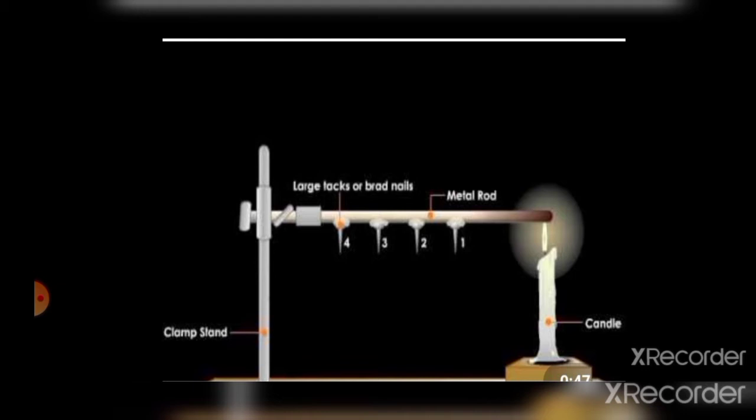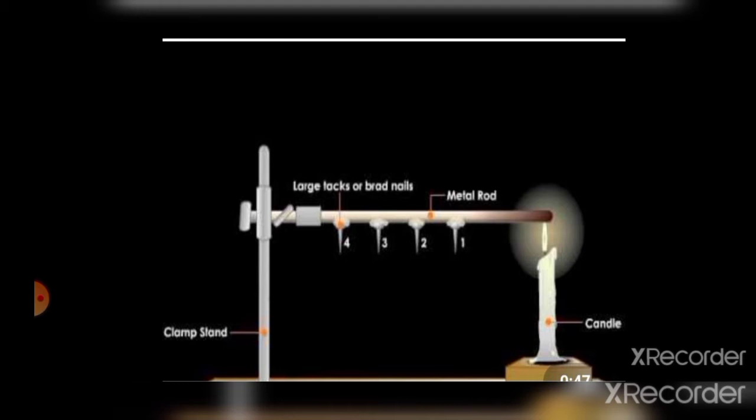So heat is transferred from the hotter left end of the aluminium rod to its colder right end. As heat travels from the left side to the right side along the rod, it melts the wax which holds the nails. Due to this, the nails fall down one by one.